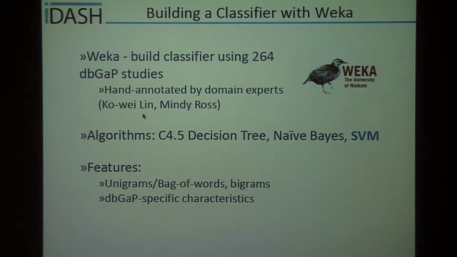Some of the features that we use are common in text classification, such as unigrams or bag of words representation, which requires preprocessing of tokenization and stop word and punctuation removal. We also used bigrams, and then we wanted to use some features that were unique to dbGaP text, which prompted my next task of extracting features associated with dbGaP studies.